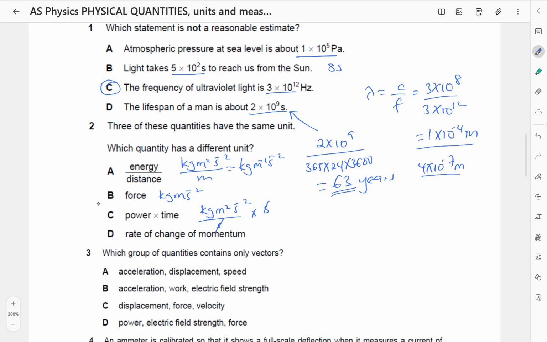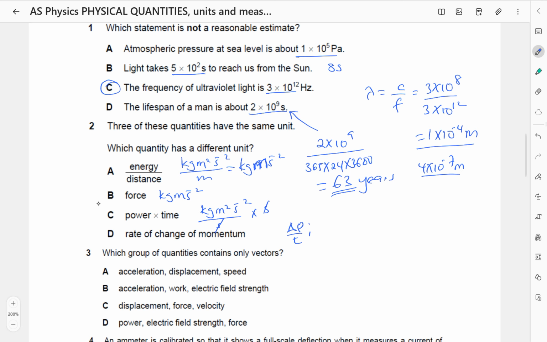The rate of change of momentum. Oh, by the way, meters squared over meters is meters, not per meter. The rate of change of momentum, that is change in momentum over time. That is the rate of change.